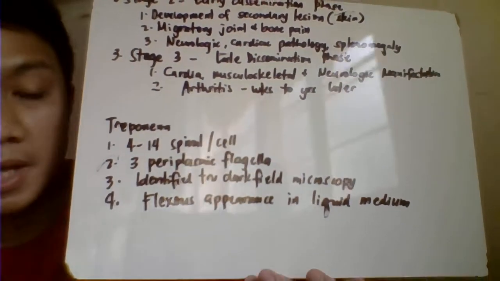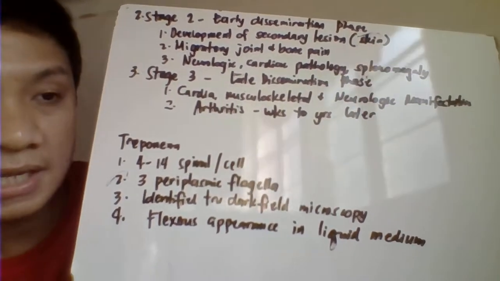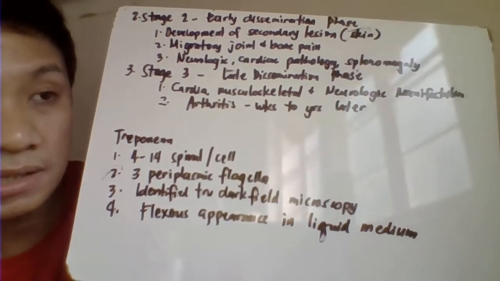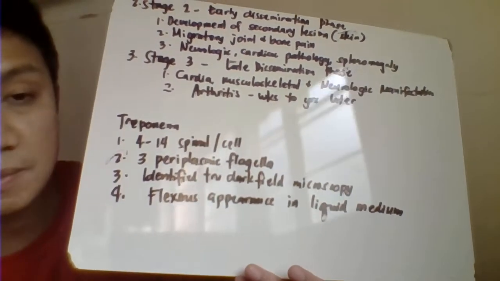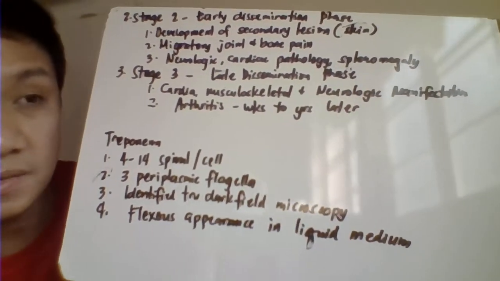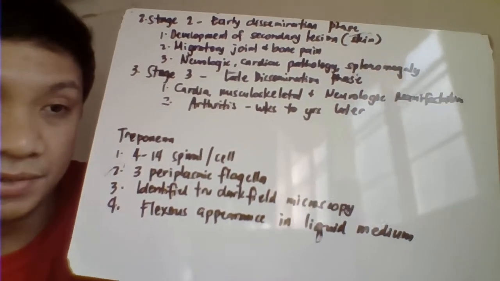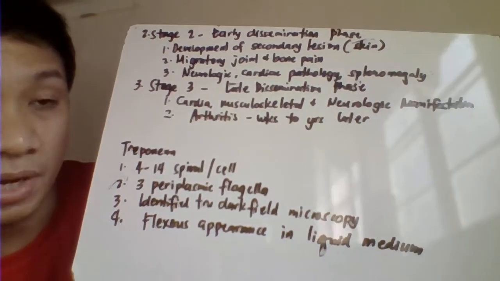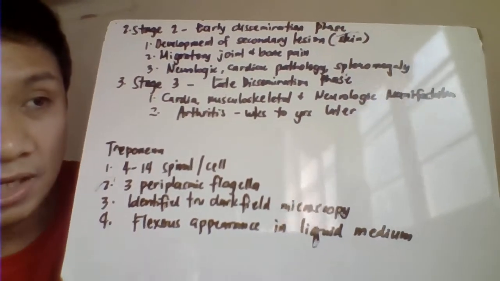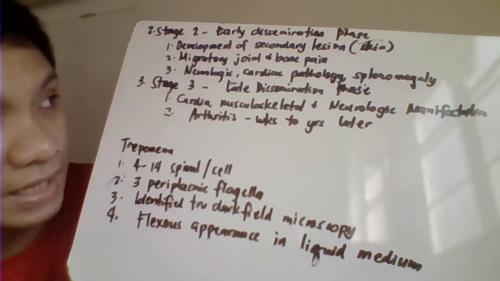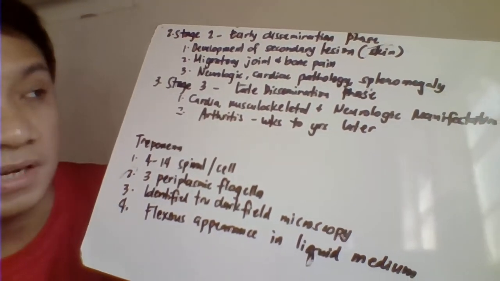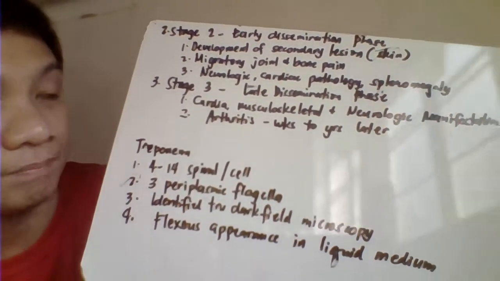Stage 2 is called the early dissemination phase, where the bacteria spread to other parts of your body. It is characterized by the development of secondary skin lesions. There is also migratory pain involving your joints and bones. It also has cardiovascular, neurological, and splenomegaly manifestations.